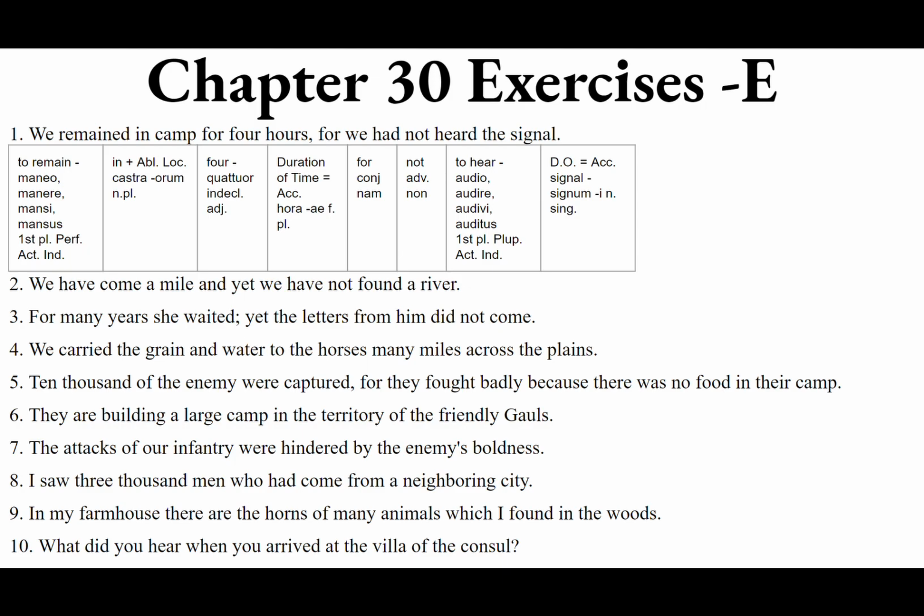Or captured. To capture is capio, capere, cepi, captus. So we want the third person plural, perfect, passive, indicative. They were captured. Remember, like in exercise C, there was that sentence, the duo milia captivorum inventa sunt.